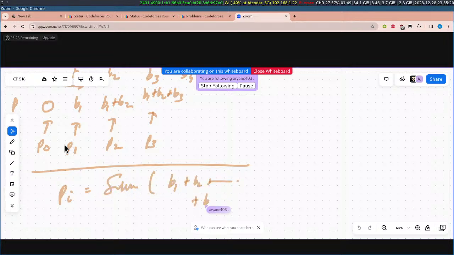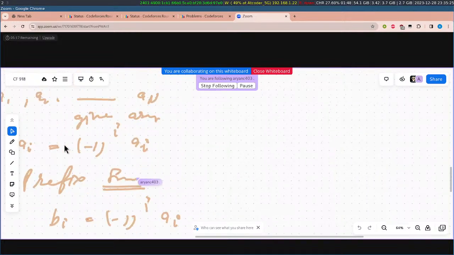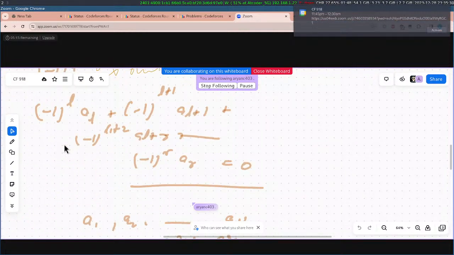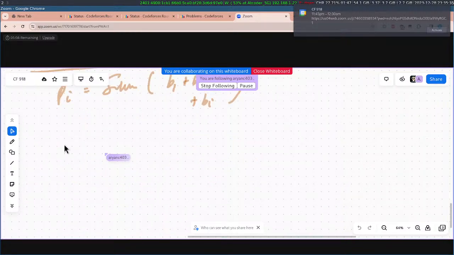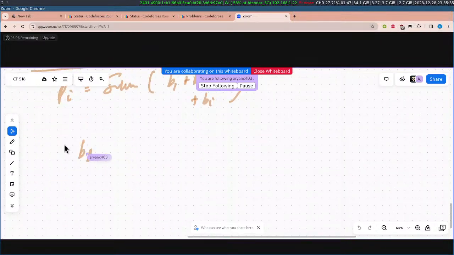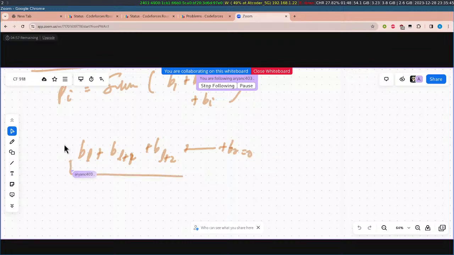And if we go to our previous definition, what we have reduced is we need a subarray such that the sum of the elements in B is 0. What we can notice is that we can write it as sum of the first R elements minus sum of the first L minus 1 elements.